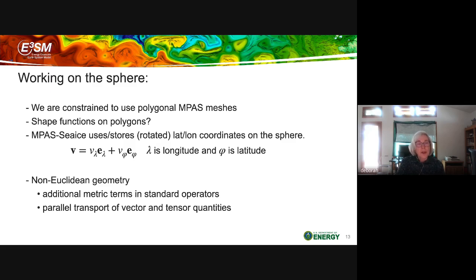And then there's the non-Euclidean geometry that we have to deal with. There are additional metric terms that come up in standard operators. And something that we hadn't thought about much before we started this project is the parallel transport of vector and tensor quantities. And I'll describe that in more detail.